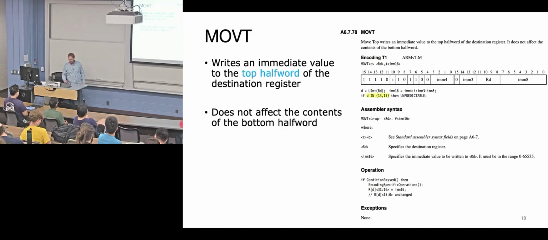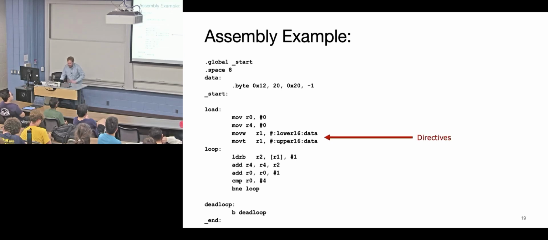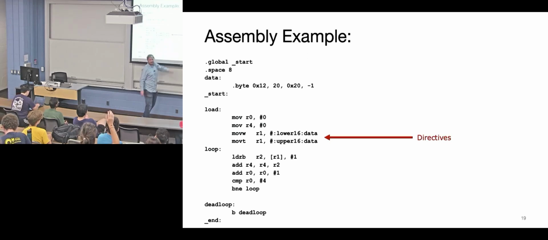And move T moves the top half. Wait, that doesn't make sense. What are those values? Those are the data, the immediates. This is an immediate that's held in data. You go to the lower 16 in data, and you move those into R1. So it's defined here.